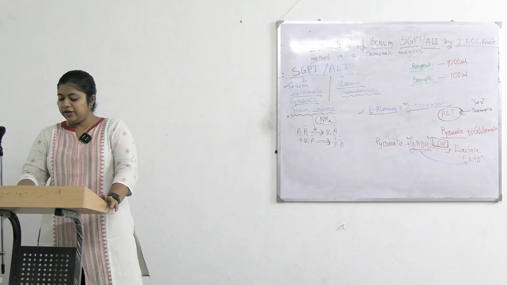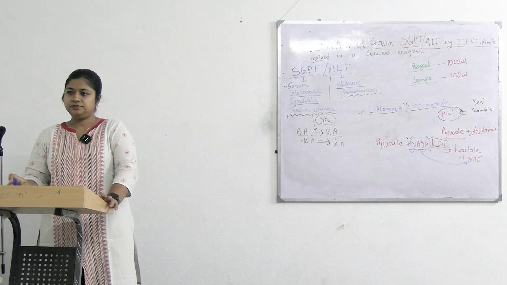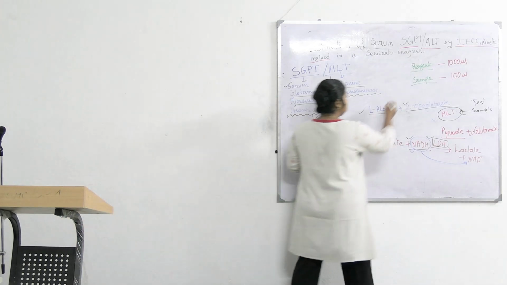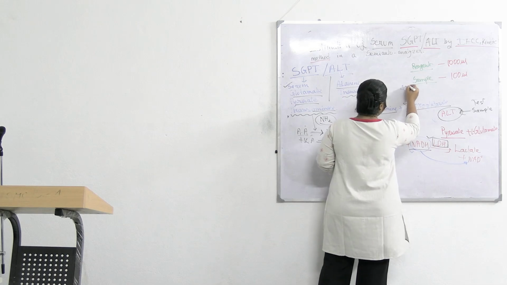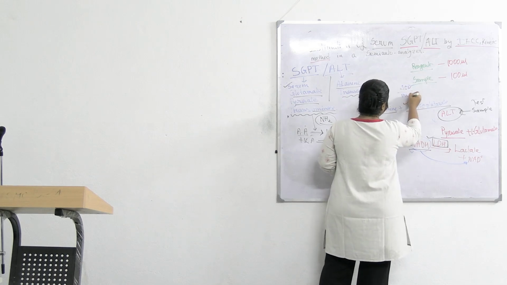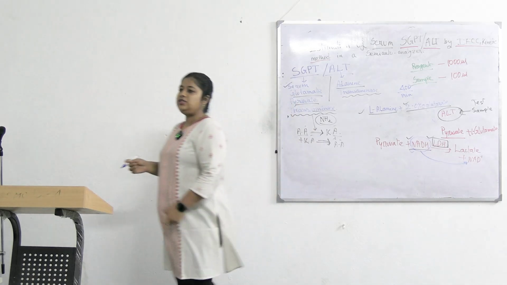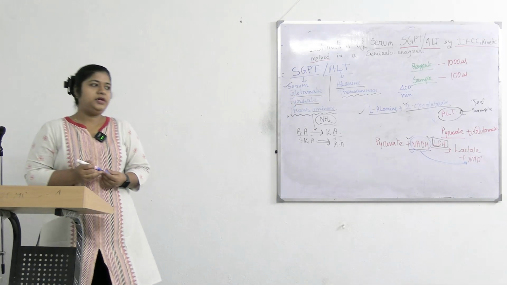So in kinetic method, what do we estimate? We estimate the delta OD per minute, the rate of change of absorbance per minute.